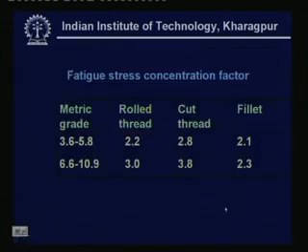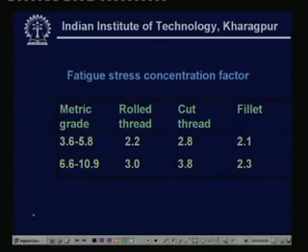here we see the fatigue stress concentration factor, normal fatigue stress concentration factor for different metric grades. Here you see 3 points. So, there are various materials available, they are in ISO grade for 3.6 to 5.8.